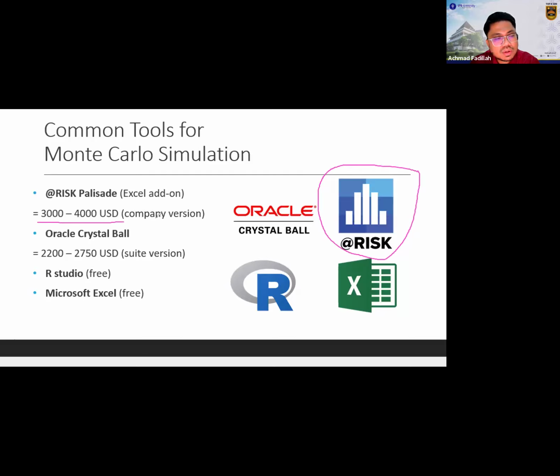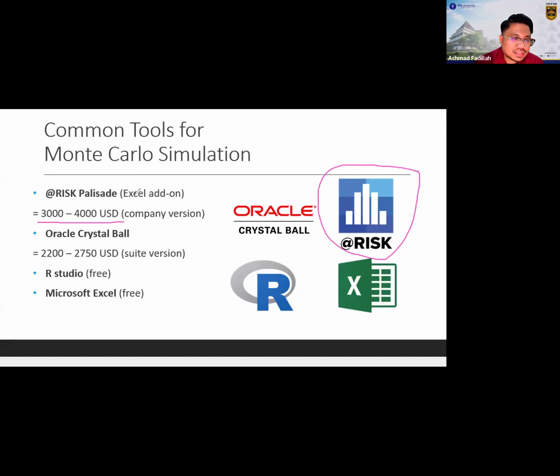It's 3,000 to 4,000 USD. You can calculate using the current currency, around 17,500 rupiah, times two, that's around 70 million, actually to subscribe to this program.